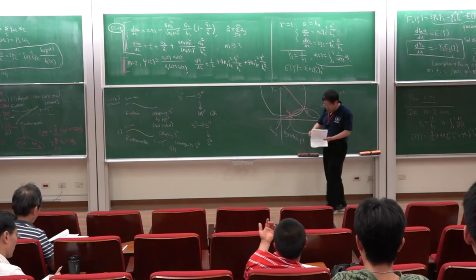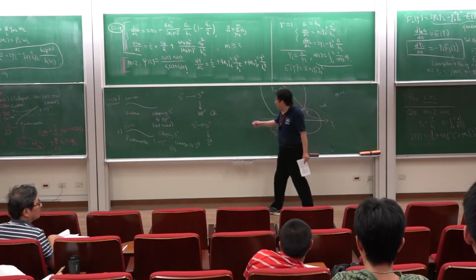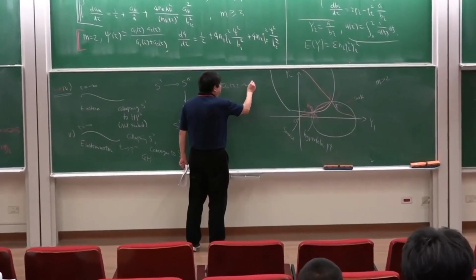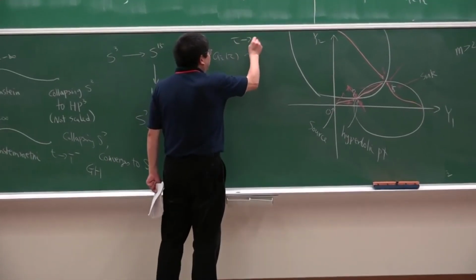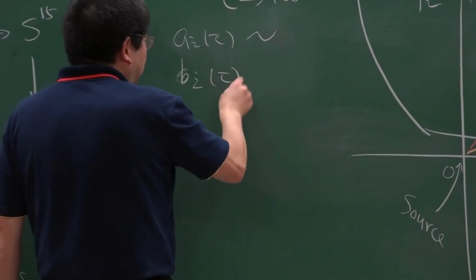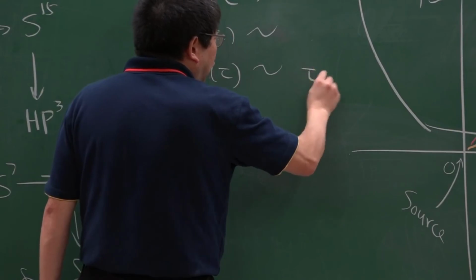Put it this way. This A_i tau either behaves like a constant, let's say going to infinity, or B_i tau behaves linearly.